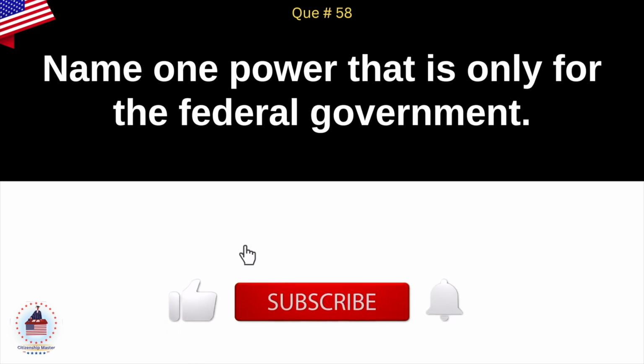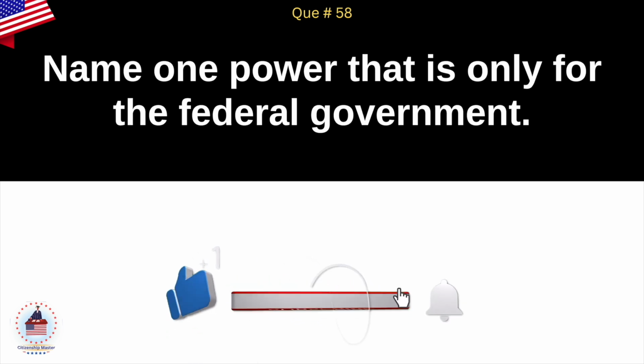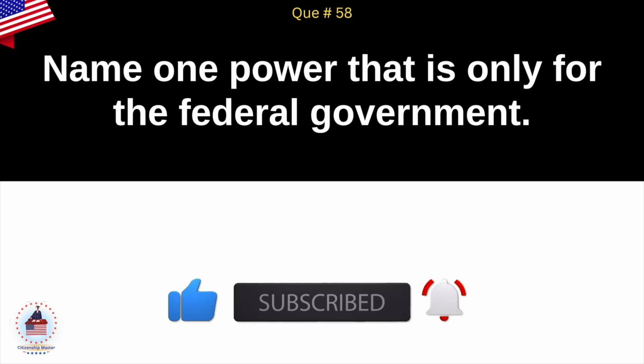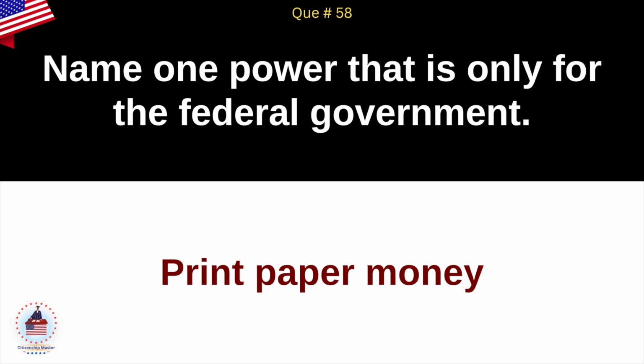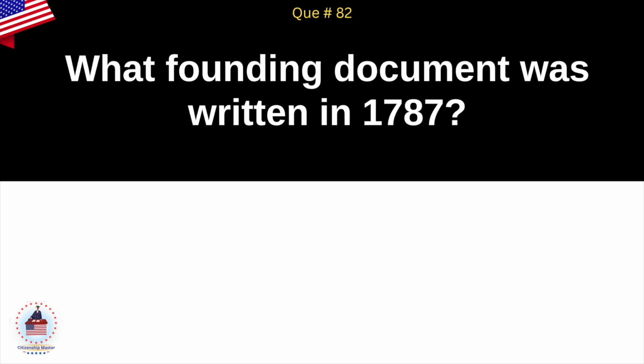Name one power that is only for the federal government. Print paper money. What founding document was written in 1787?